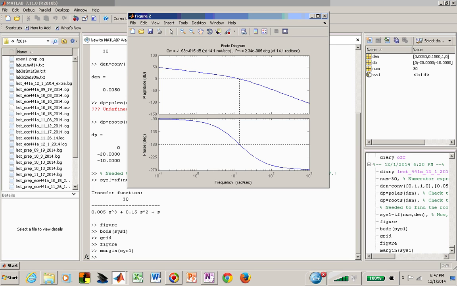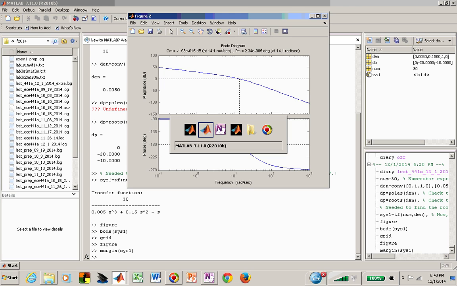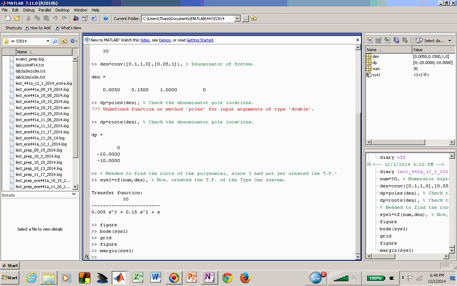So this is telling me I really have a negative gain margin, and the phase margin is really 0, and it is at 14 radians per second. So I was pretty close to what I was seeing in my diagram.